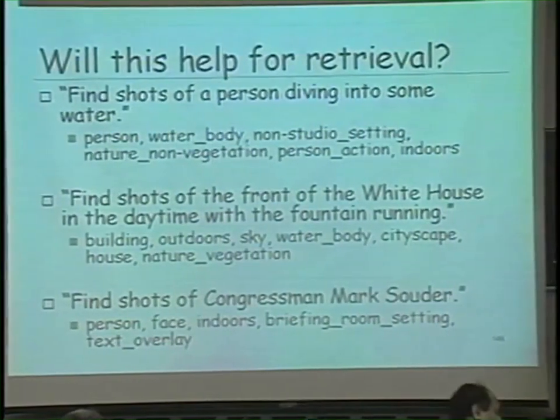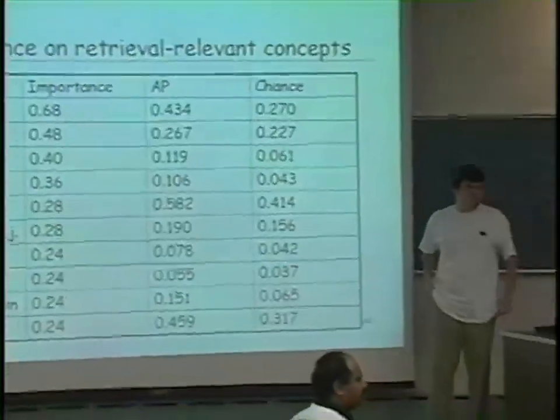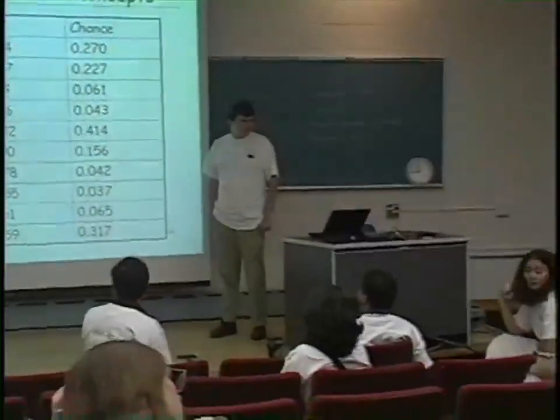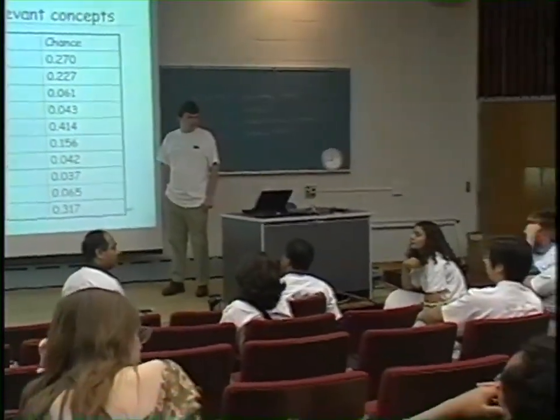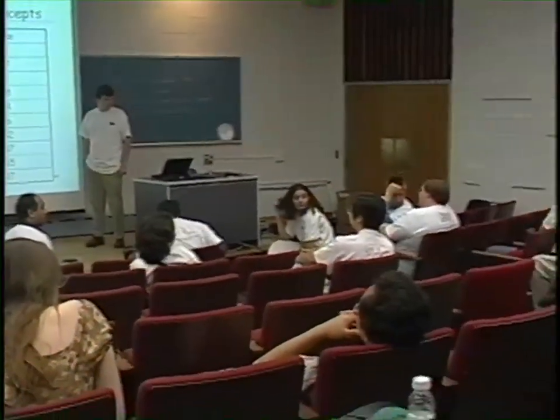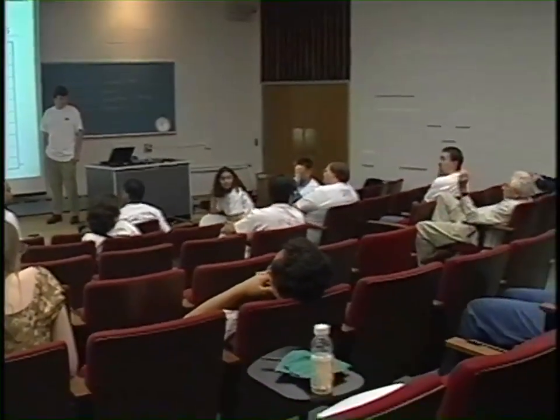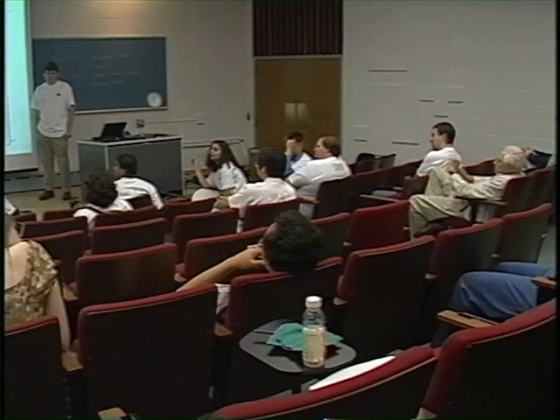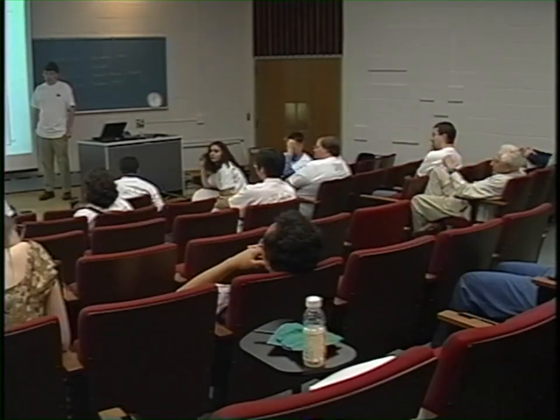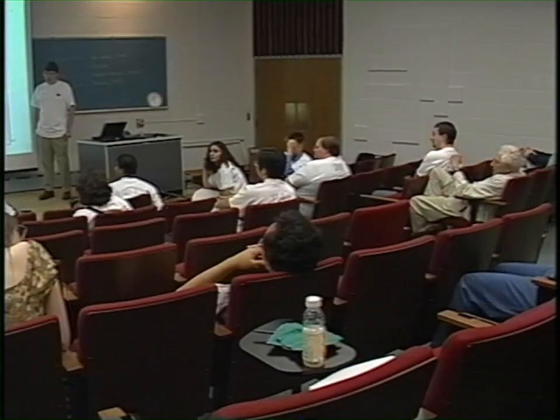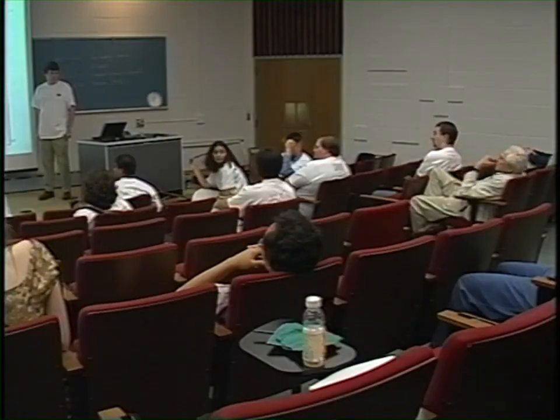Let me just go back again. The column importance says what's the percentage of shots which are annotated by the word outdoors? No. Of the 25 NIST queries, National Institute, oh, NIST, sorry, of the 25 Trek queries of Trek 2003, this percentage would require a shot which has outdoors, according to 4 people in this group.